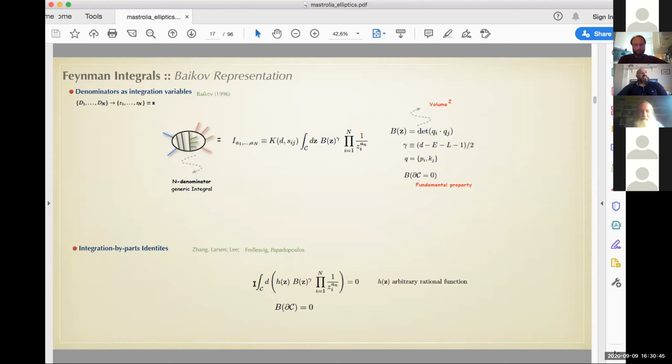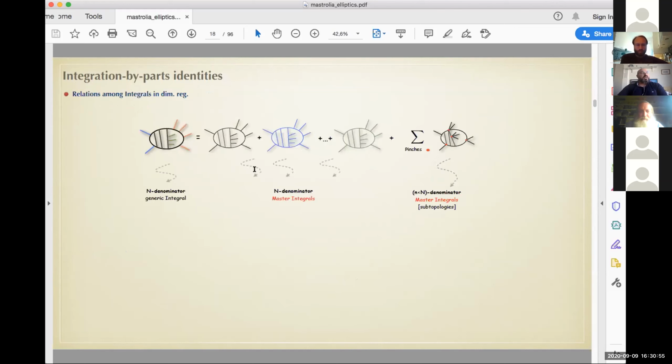Integration by parts identities were studied by Zhang, Larsen, and Li in this representation, and have been implemented in automatic codes. As we know, generically, what we expect from integration by parts is not just the equations, but the solution of the system of equations.